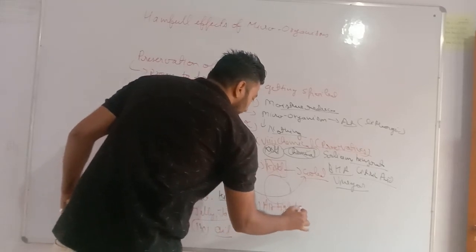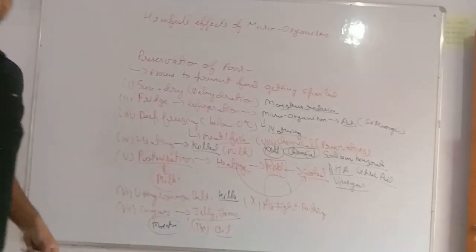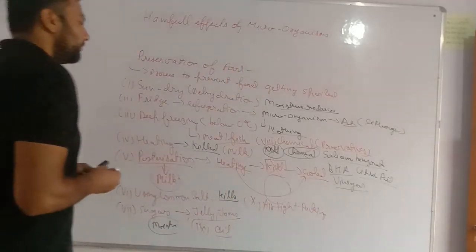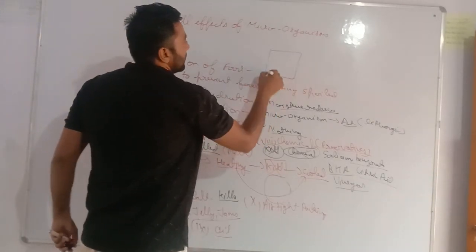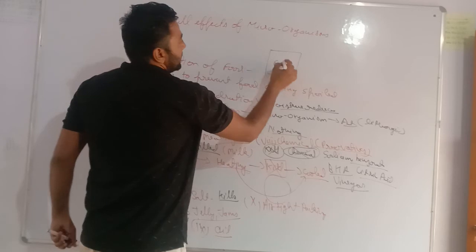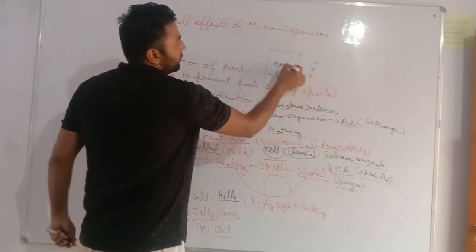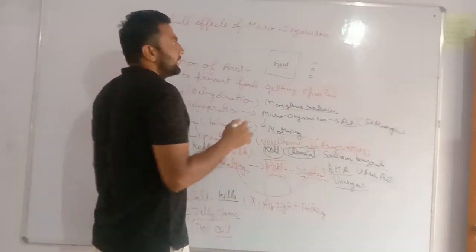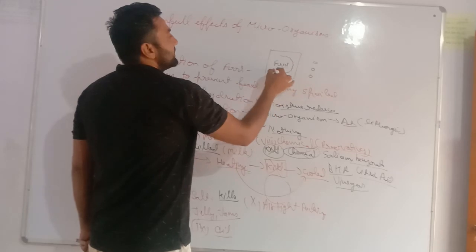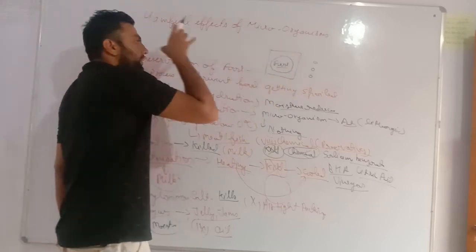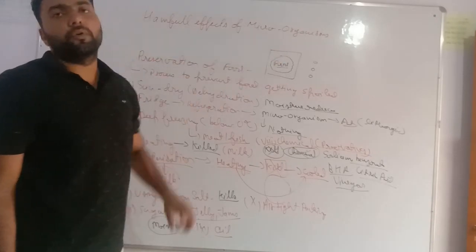The most common is airtight packing of food. In airtight packing, first of all, our food is not in contact with the air, so microorganisms are not able to act on it. Second, as it is airtight, another gas such as nitrogen is put into the food, so that microorganisms are not able to act upon it.